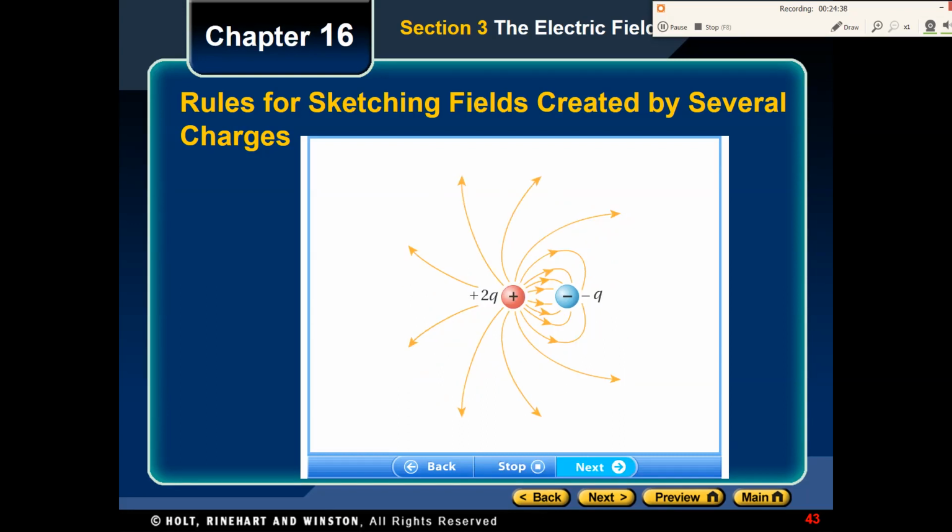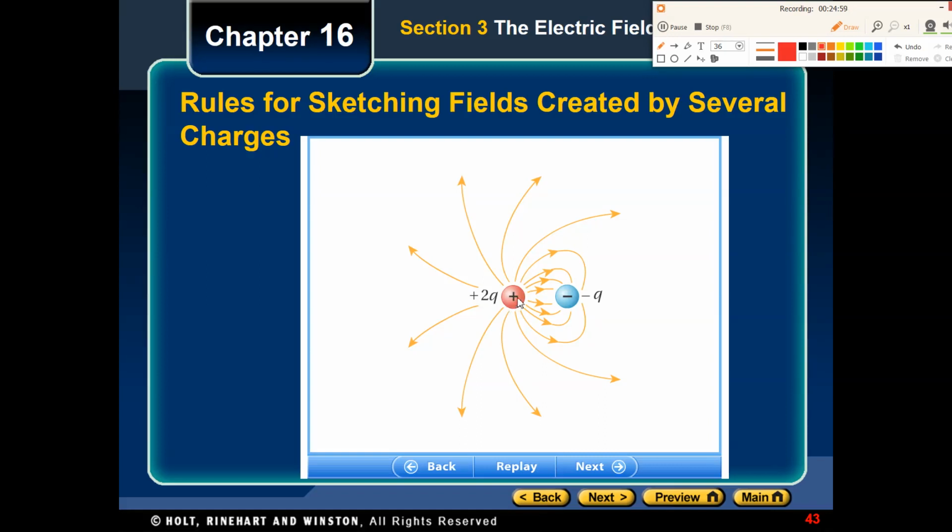The field created by a negative particle and a positive particle with double the charge resembles that of the equal and opposite charges, except that only half the lines originating from the positive particle terminate on the negative charge. Right? This one is kind of typical because the charges are different.